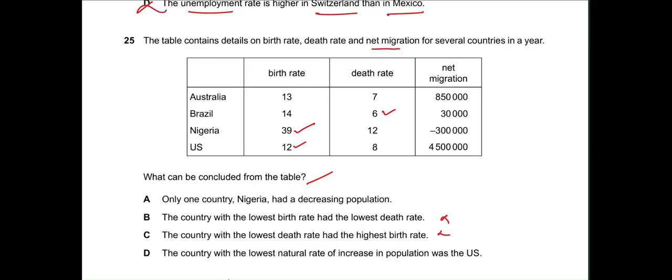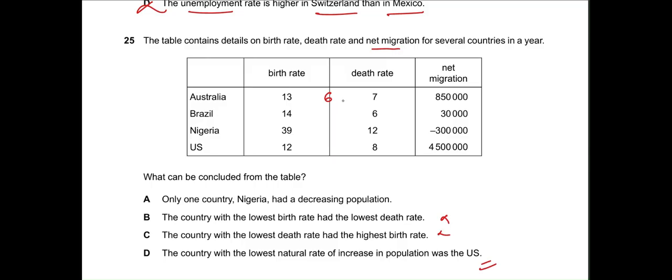Now let's see this one. The country with the lowest natural rate of increase of population was US. Let's just take the difference between the birth and the death rate, so we'll understand whether this option is right or wrong. So if you can see birth rate and death rate, the difference 13 minus 7, this would be how much? 6, right?